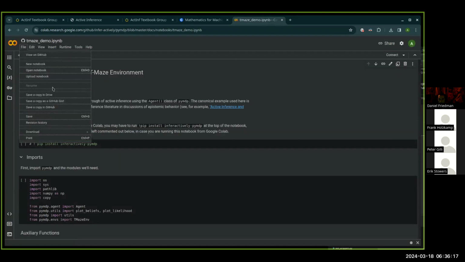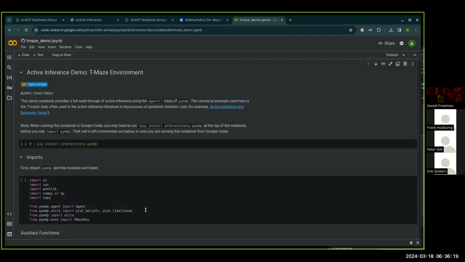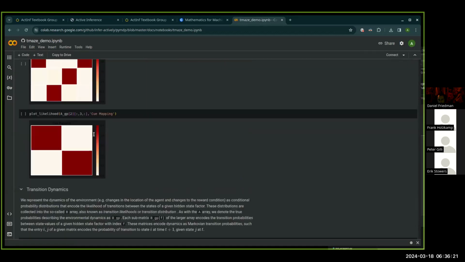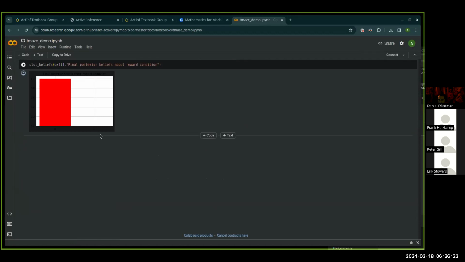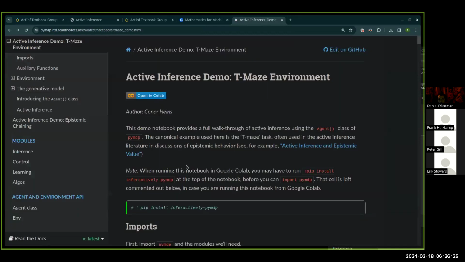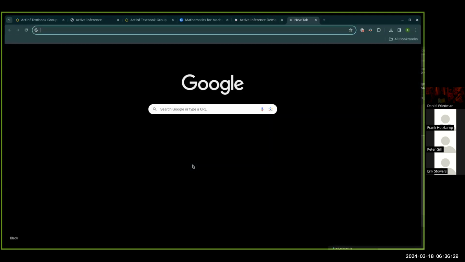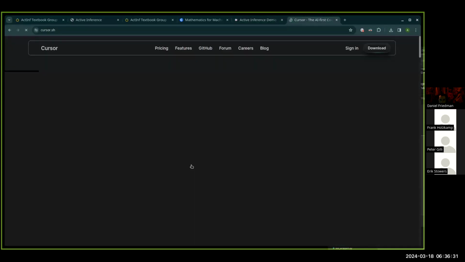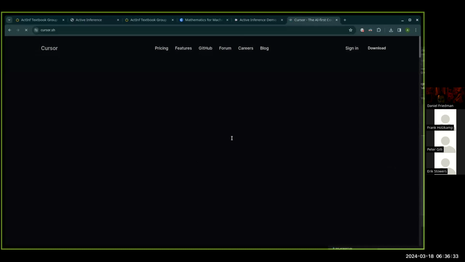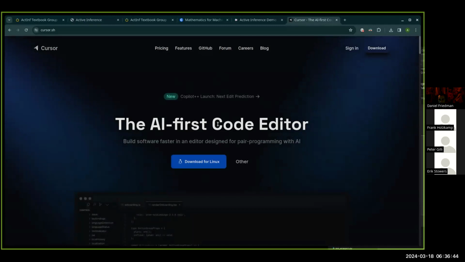You can copy the notebook or use this version and just run it right here and see the full active inference model. You can also clone it locally into cursor.sh with a code enabled development environment. And then you can chat with the code base and ask questions about PyMDP or any other package. So this can be extremely helpful.